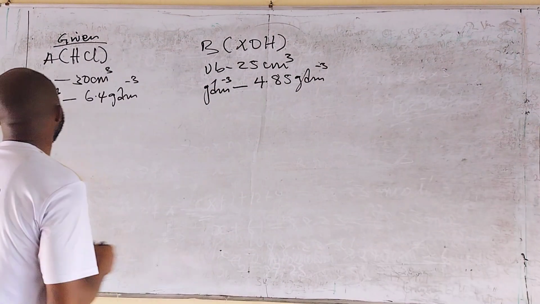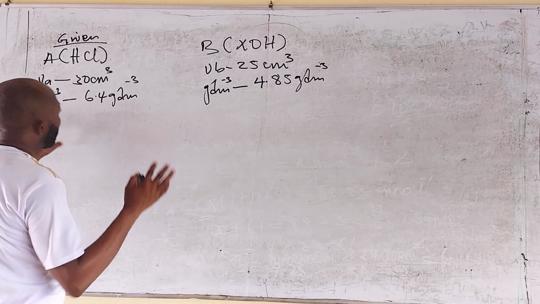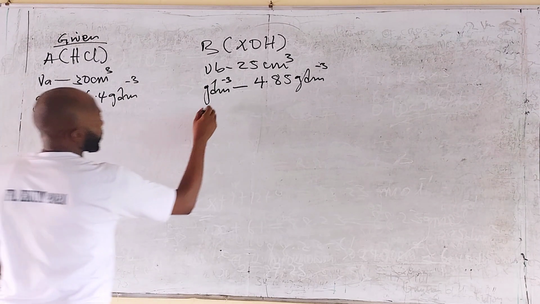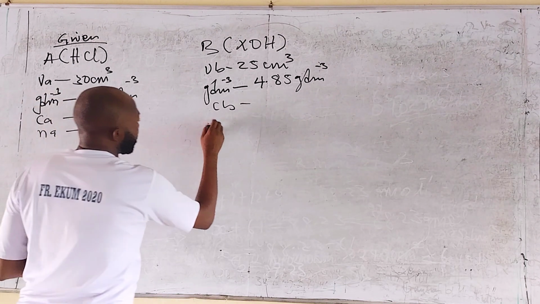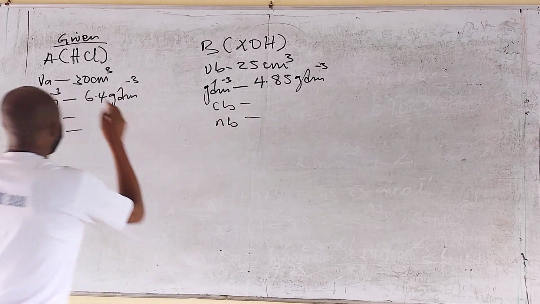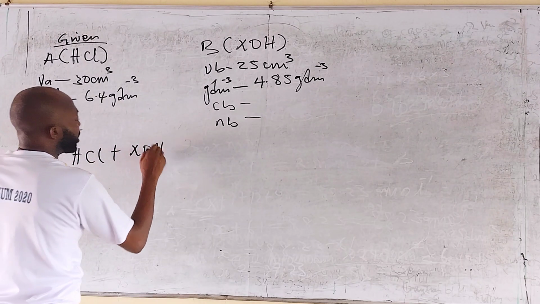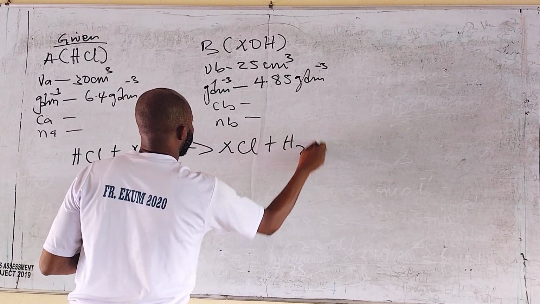So here again, we do not know the molar concentration of A or B. So our CA we don't know, CB we don't know, number of moles of acid we don't know, number of moles of base we don't know. The equation is HCl plus XOH, which will give us XCl plus water.